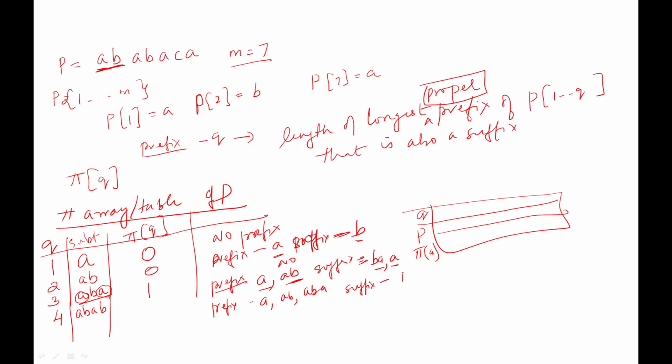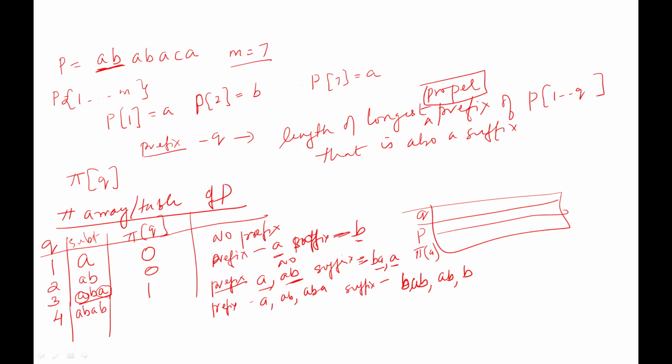We have B, simply B. The suffixes I'll say in a slightly reversed order. First take B, then AB, then BAB. Now, can you tell me which of these are matching? ABA, BAB, matching? AB, AB.